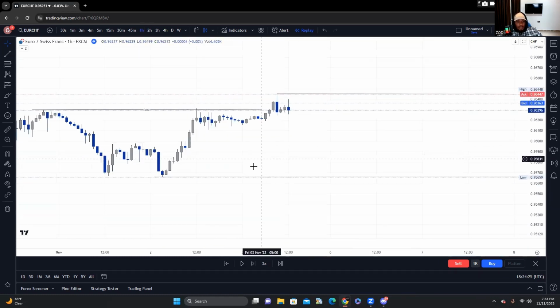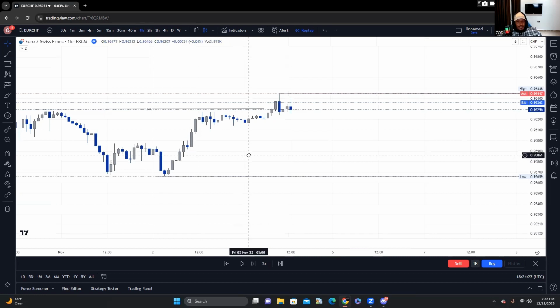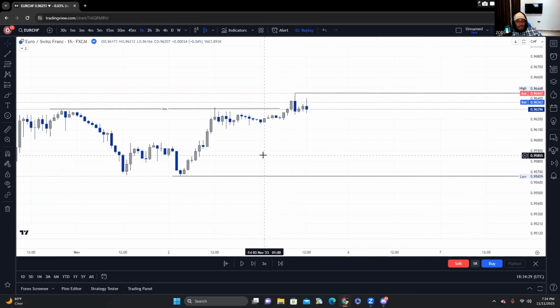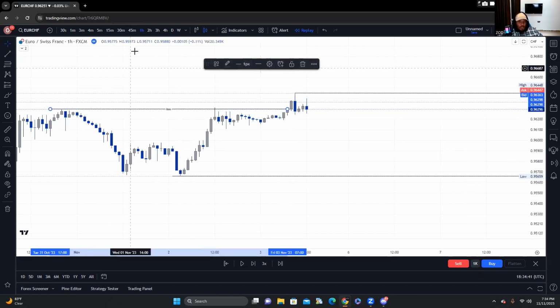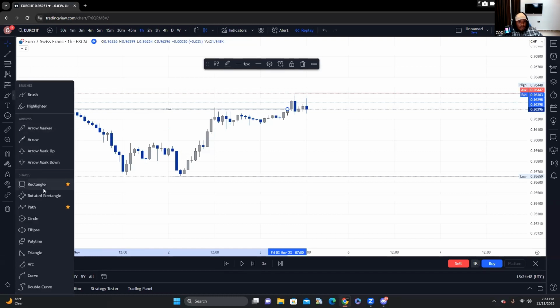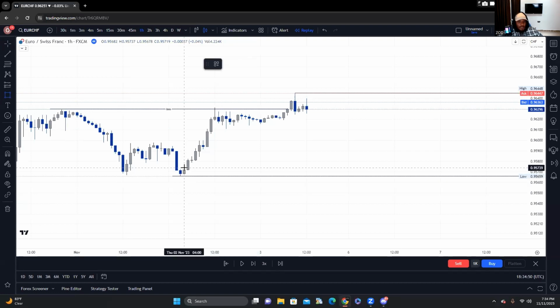Now, from this, what do I see now? I can see that there are several other blocks within here. We have another block resting here. We have another block resting here. And we have several other blocks. So we're looking for the other block, that's the demand zone that caused this break of structure here. And so we have this level right here, right?